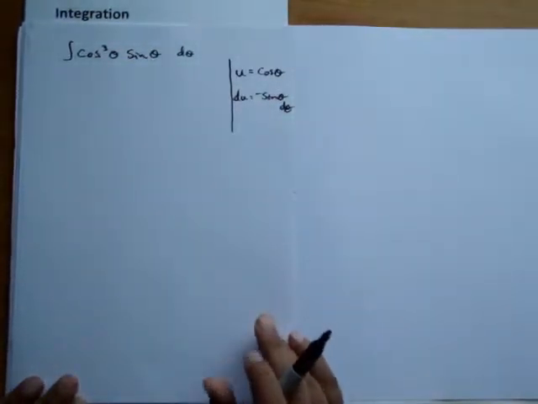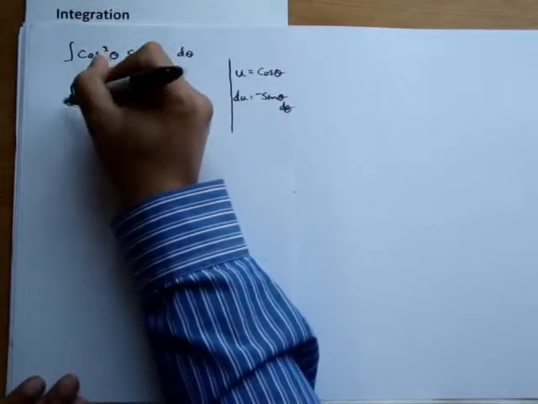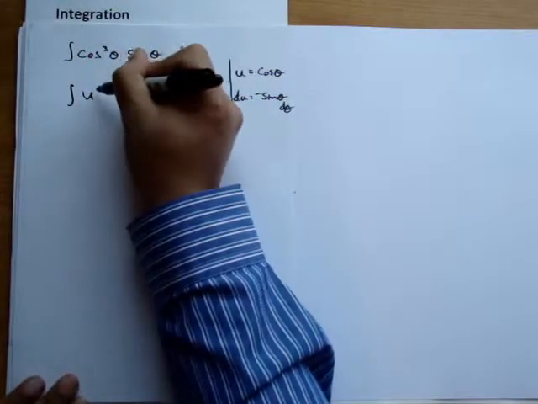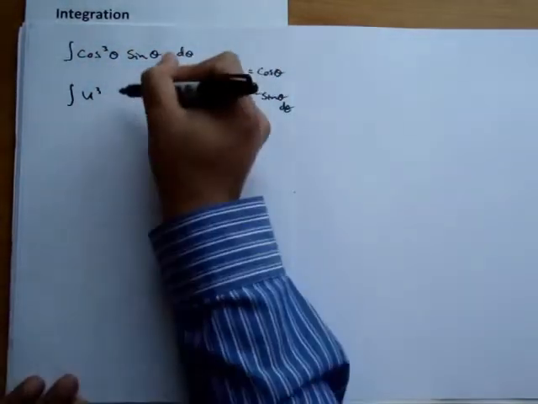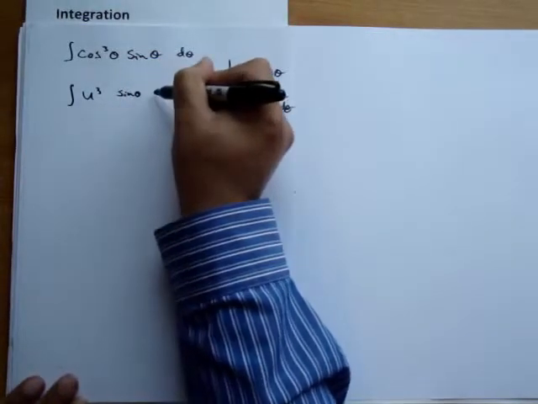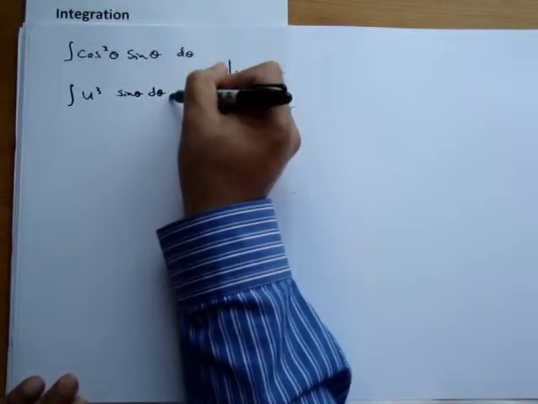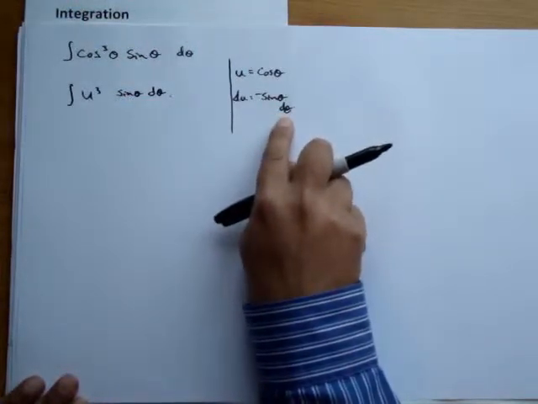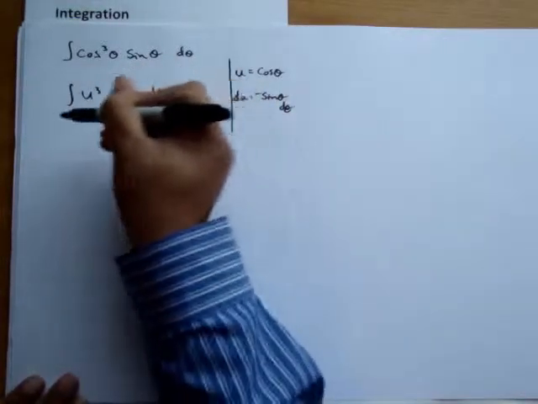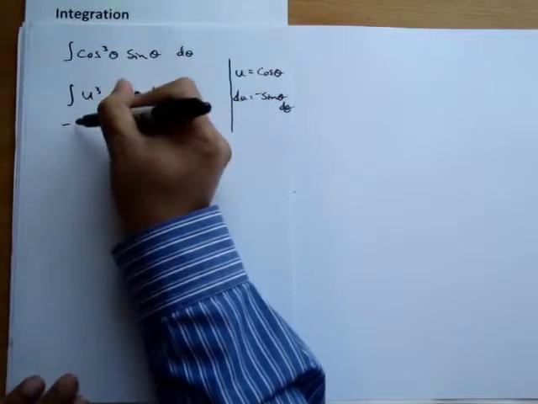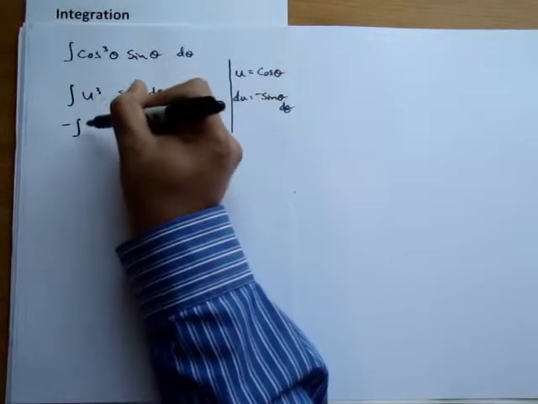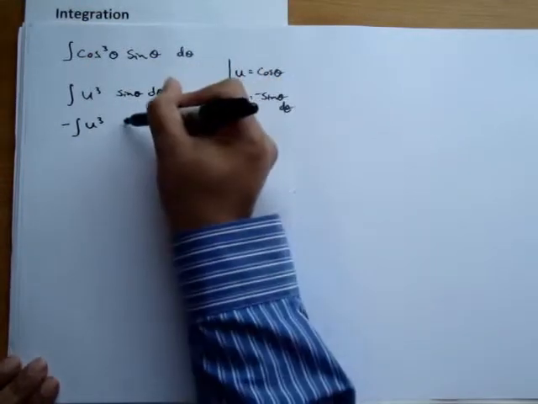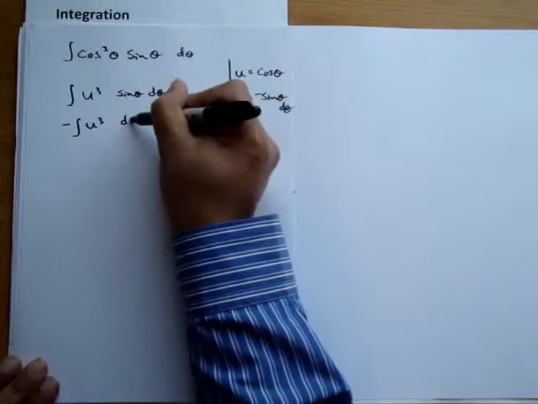So this then becomes u to the power 3 sine theta d theta. Now du is minus sine theta d theta, and when we rearrange that, we take the minus to the outside of the integrand, so that's minus u cubed, and then sine theta d theta is nothing but du.